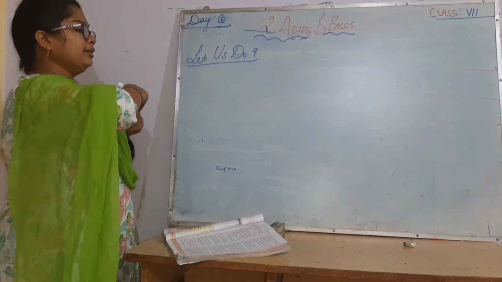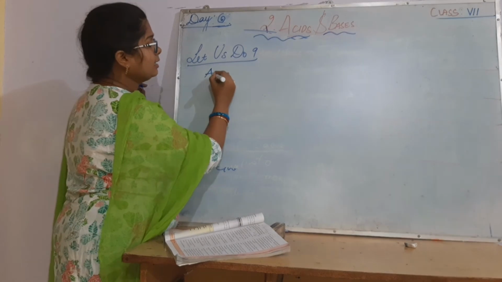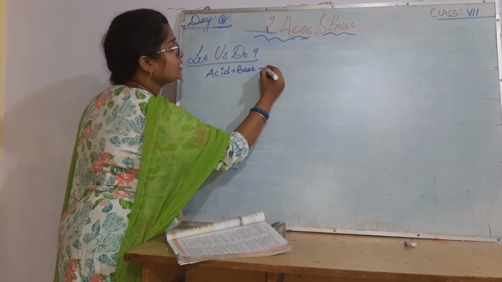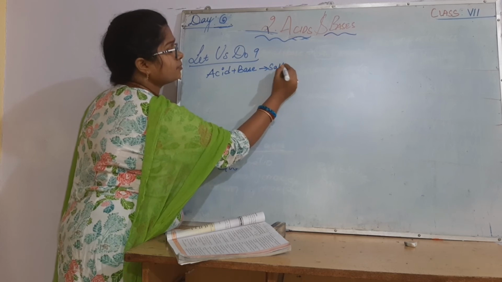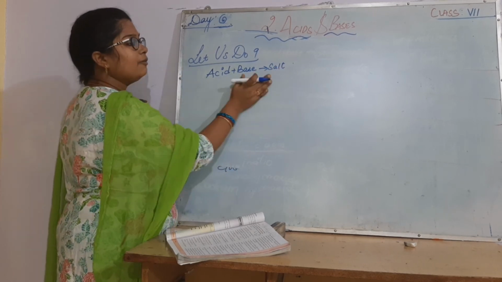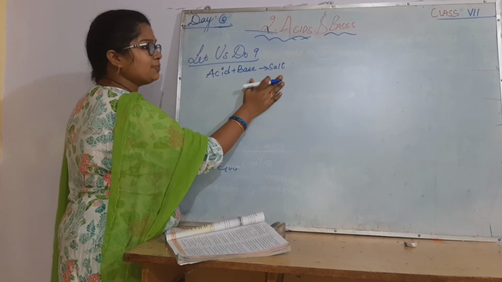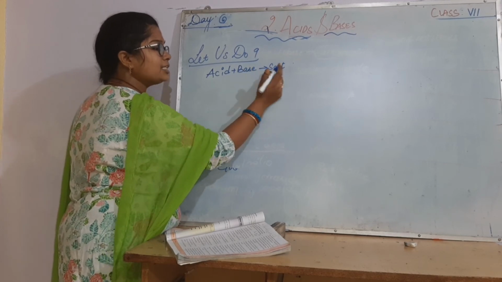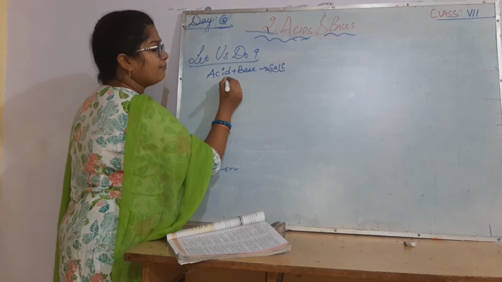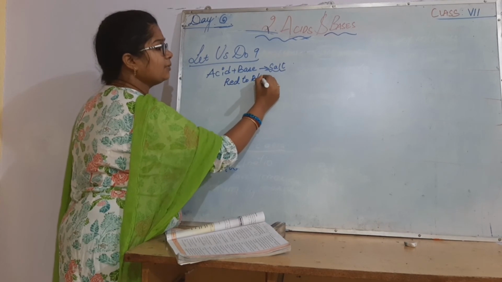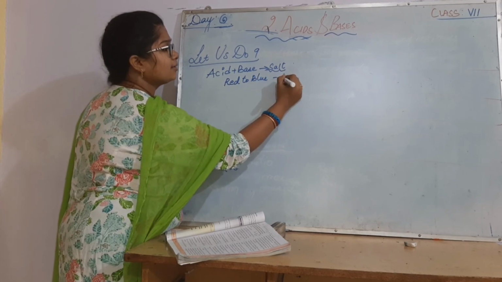See, as we have discussed, acids plus base in a proper amount, if you mix, a salt is given out. If you test this salt with a litmus paper, if this salt changes red to blue, then it is said to be a basic salt.